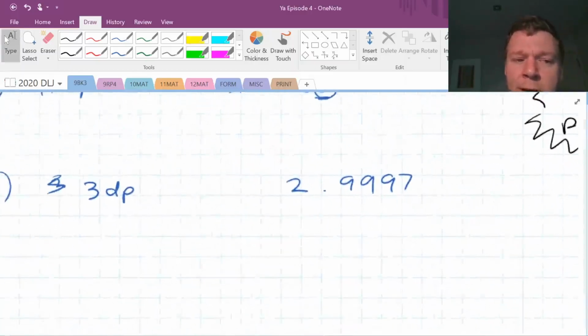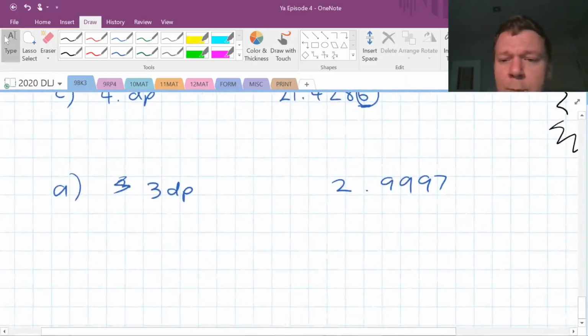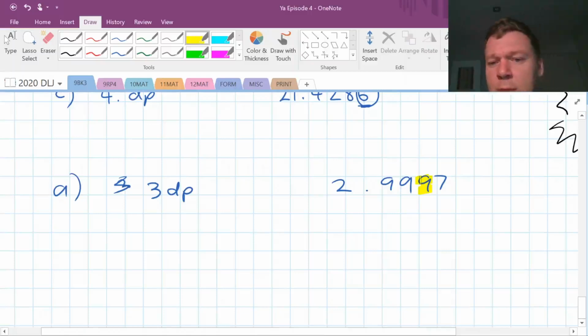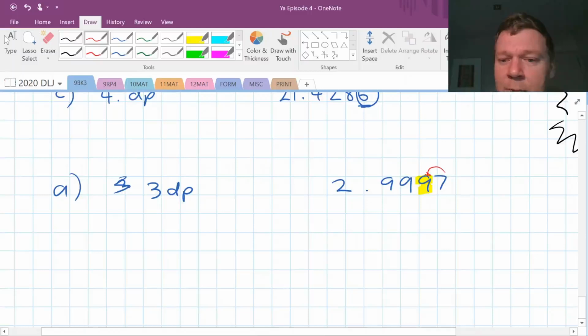This only happens when you get a number that's very, very close to a whole number. But you can see that this 9 is going to get rounded up by the 7. But if that was rounded up, it would also round up this next 9, which would round up this next 9, which would then round up this 2.